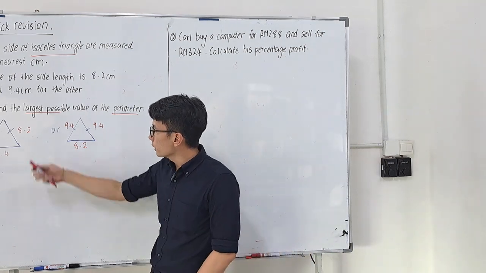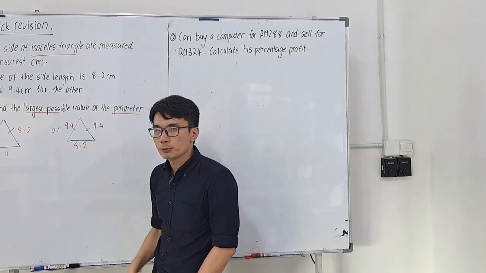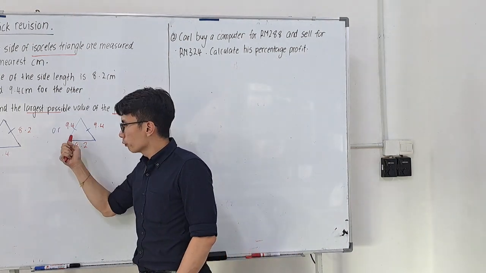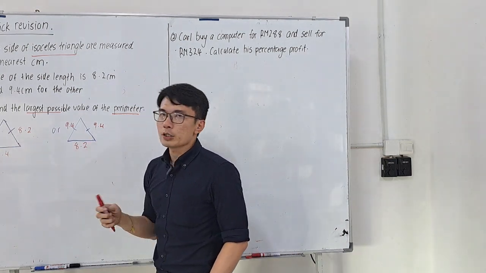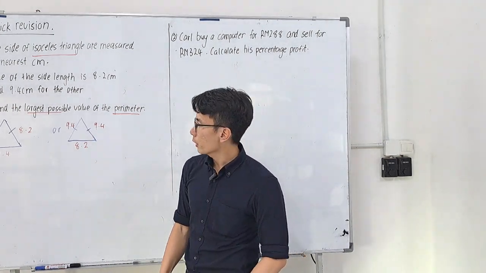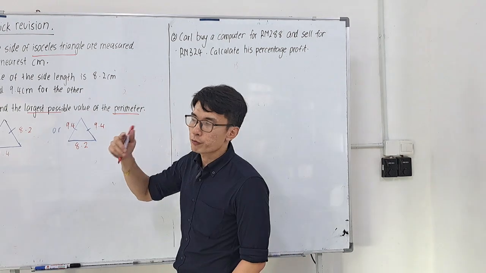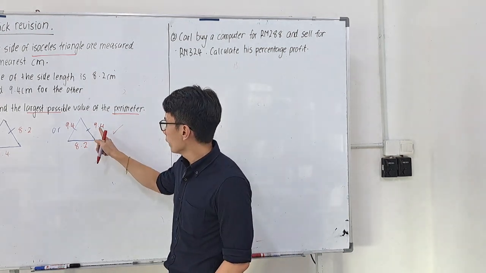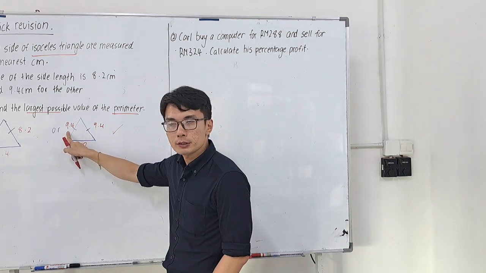The question asks us to find the largest possible perimeter. So think about this: which of these isosceles triangles will give you the biggest perimeter? If you have chosen the second one, you'll be correct, because there are two bigger numbers over here.